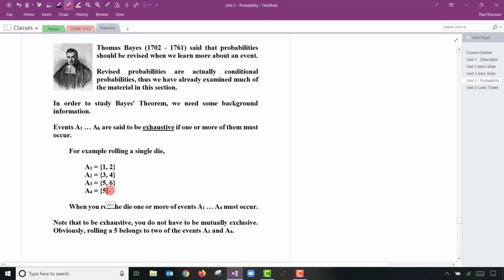Well, these events are exhaustive because as long as I use all 4 of them, I'm guaranteed to have covered all the possibilities, even though there's some overlap there. So these sets aren't mutually exclusive because set A3 and set A4 have something in common. But the first 3 sets are mutually exclusive. There is no overlap. So if I just consider set A1, A2, and A3, that would be a mutually exclusive and exhaustive set that would cover all the possibilities for rolling a single die.